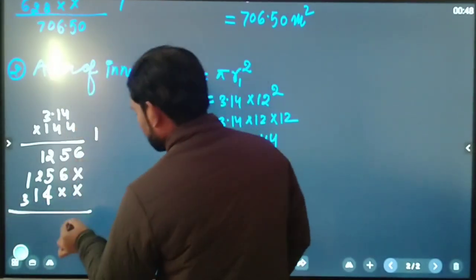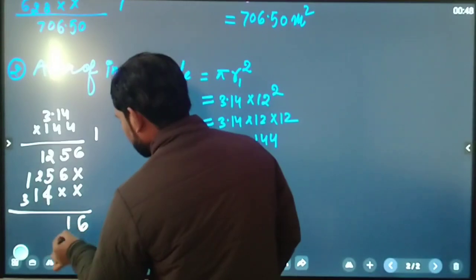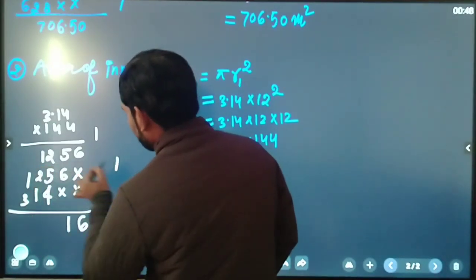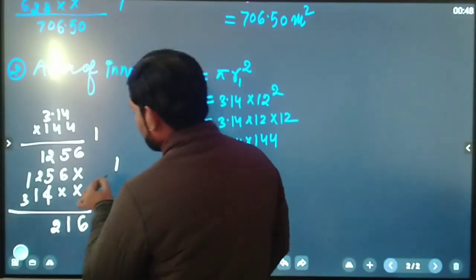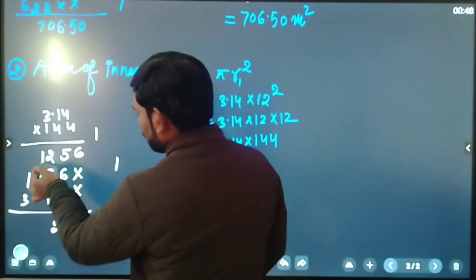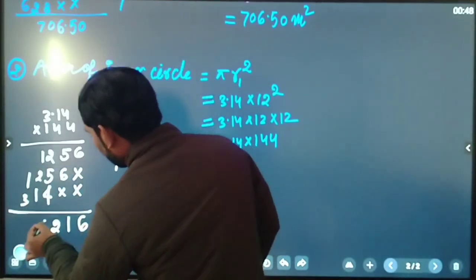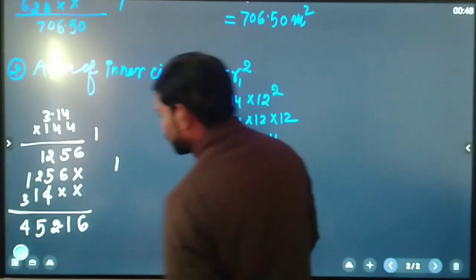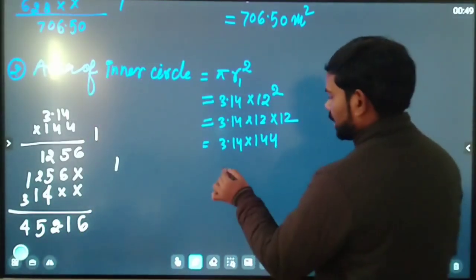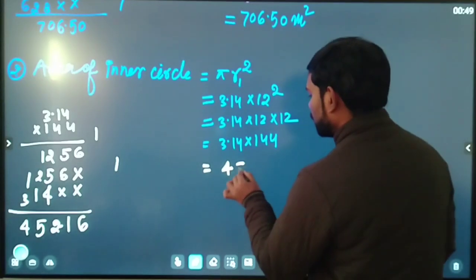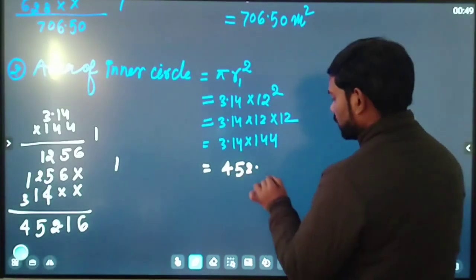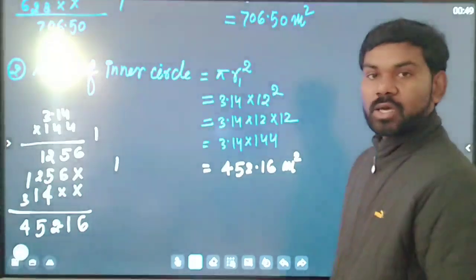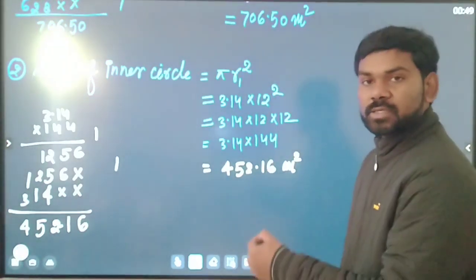And the sum is 6, 5 plus 6 is 11, carry 1, 4 plus 5 is 9, 9 plus 2 is 11, 11 plus 1 is 12, and 2 and 2 is 4, and 1 is 5, and 3 plus 1 is 4, and the decimal after 2 digits. So we get the result as 452.16 meter square. So this is the area of the second, that is the inner circle.